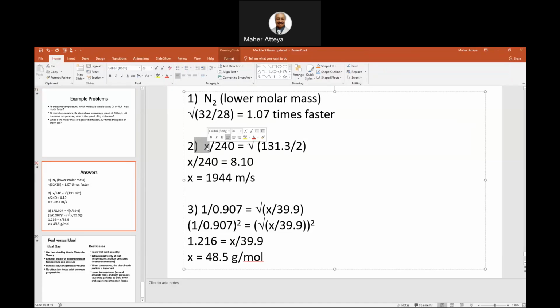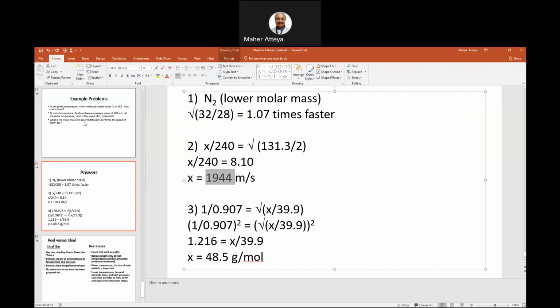It will go through very, very fast. See how much faster? You can divide this value here by 240. You can see it's almost 9 times or 8 times faster than the xenon, correct?